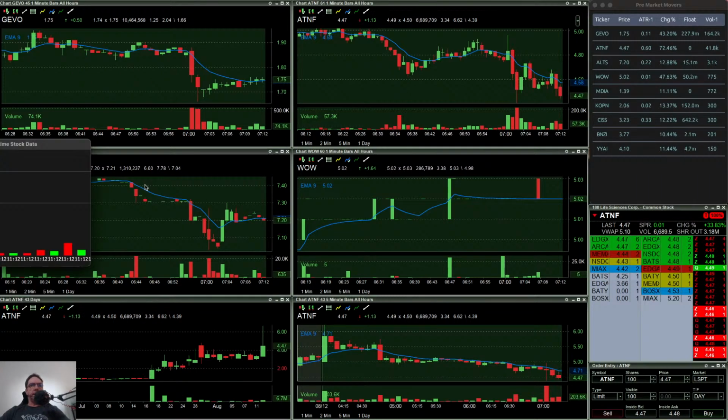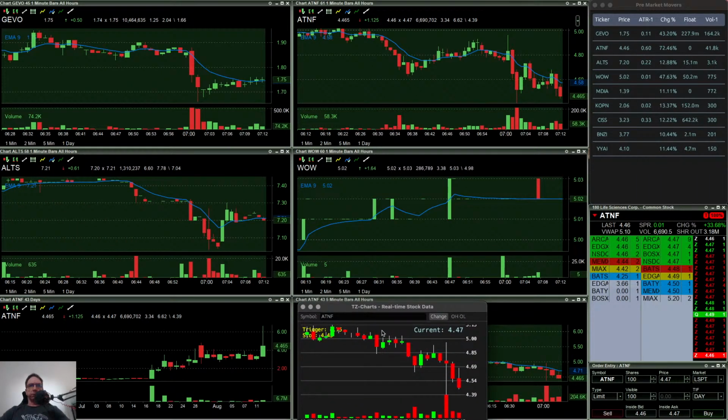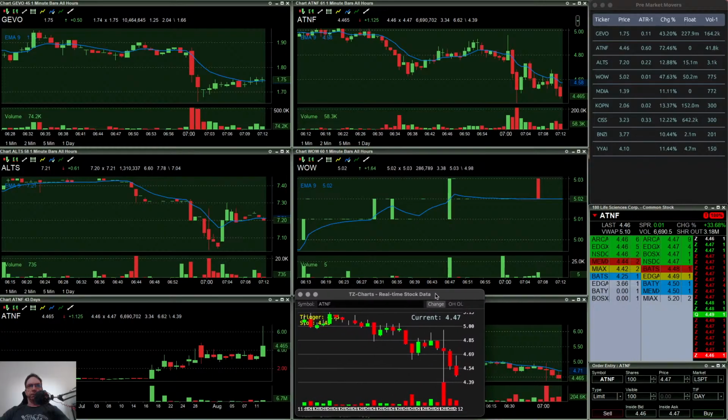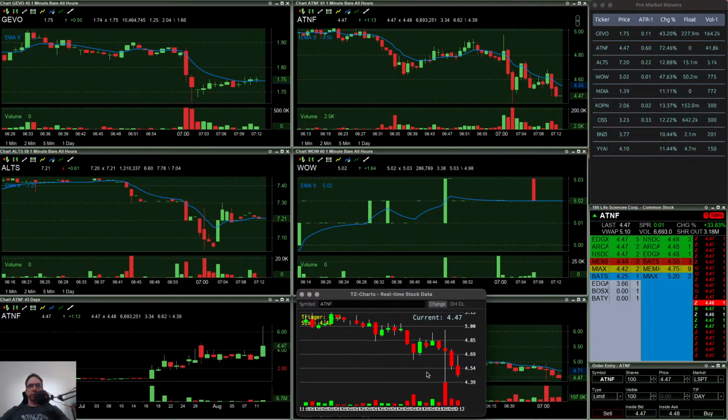As you can see here, this is a 5-minute chart. So I've got the real-time data working, and it's updating the chart. As you can see, that candle moved, and it says 445 over here, and it's 445 over here. It says current. What I need to do is start having this show the price instead of current. I just put that over there for debugging.